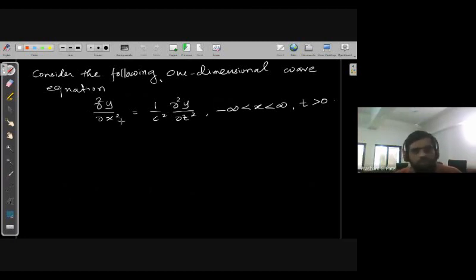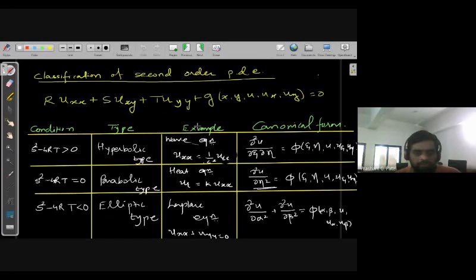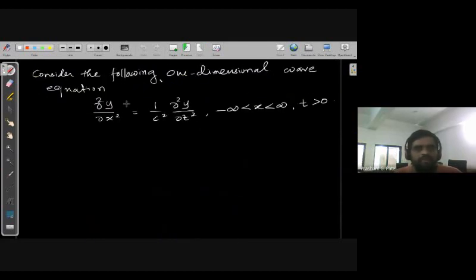So the first objective is to convert this one-dimensional wave equation into the canonical form. As we discussed in my previous video, if you want to convert into the canonical form, first of all you have to compare this with the semi-linear equation, that is, here instead of u we have y.